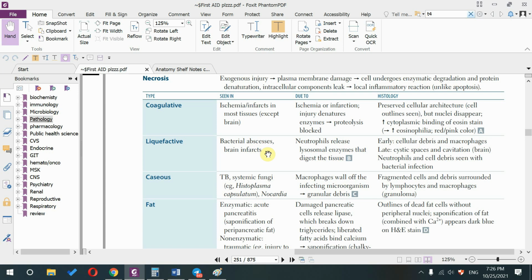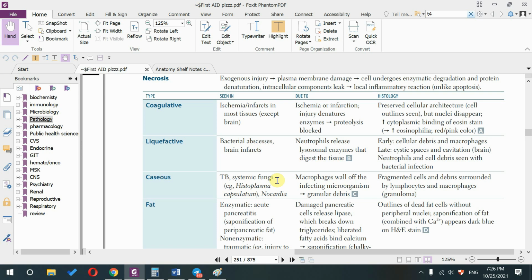Have you ever heard about a cell called microglial cell? The microglial cell is basically the main one that can lead to liquefactive necrosis. Microglial cells are basically the macrophages of the brain. So the microglial cells, in case of liquefactive necrosis, are the ones creating it.